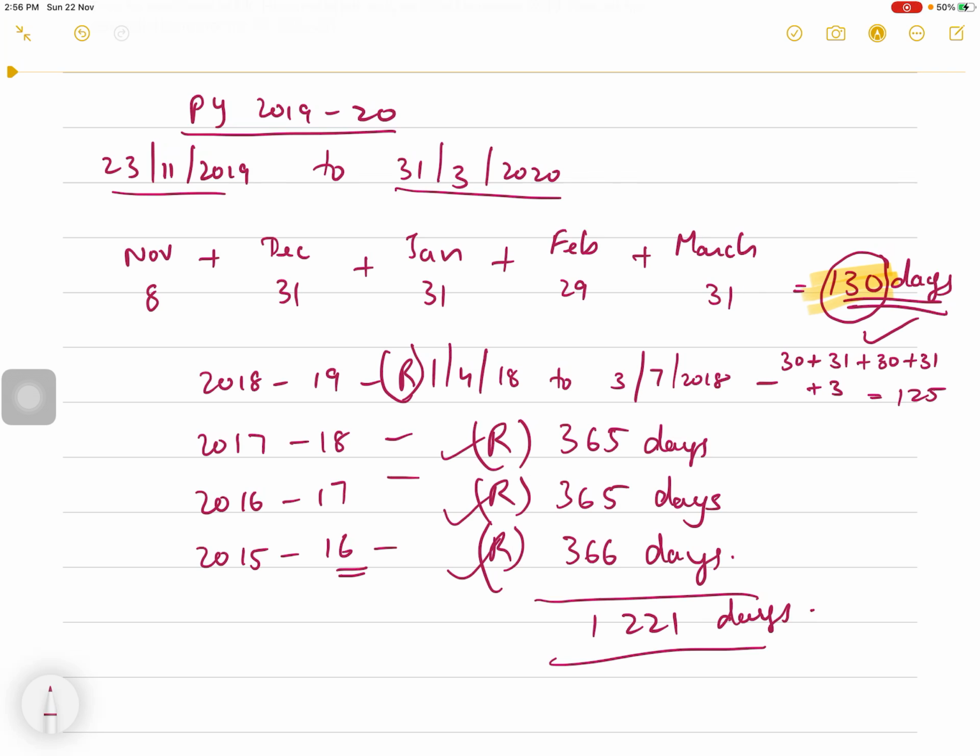So during 7 years preceding the previous year, the total is more than 730 days. So from the 4 years only you know that he satisfies both the additional conditions. Seeing the 4 years preceding the previous year itself, you come to know that he satisfies the additional conditions as well. So therefore he is ordinarily resident.